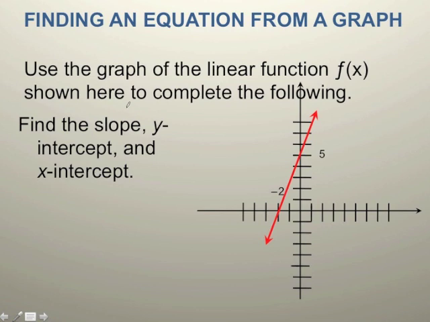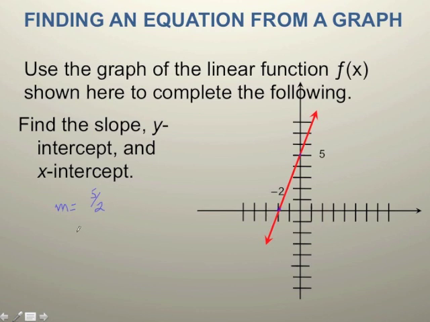Use the graph to find the following. The slope: change in y from here to here, from 0 to 5, it went up 5 and over 2. So the slope is up 5 and over 2, rise over run.